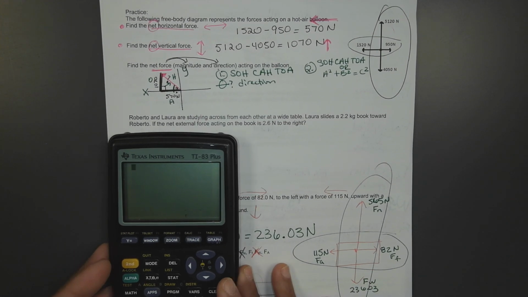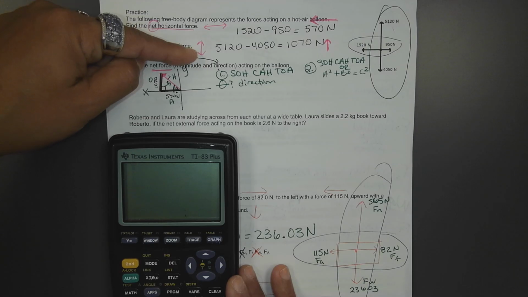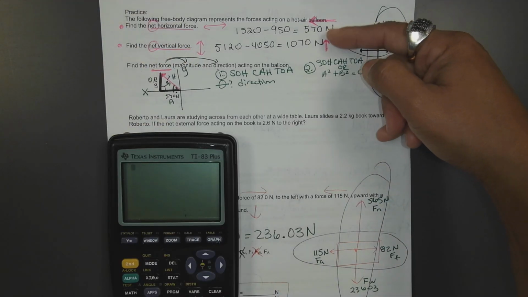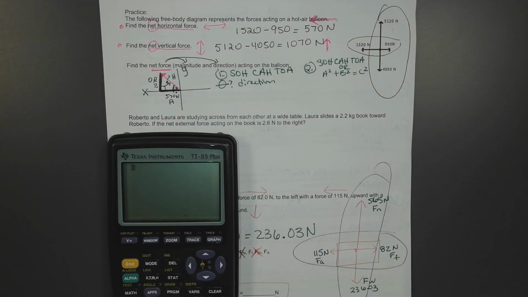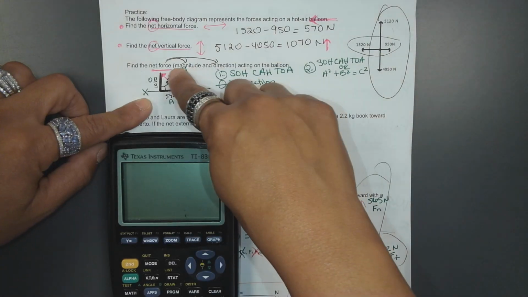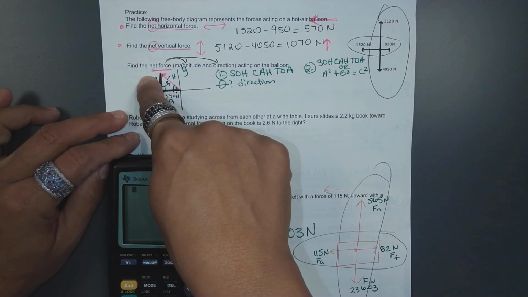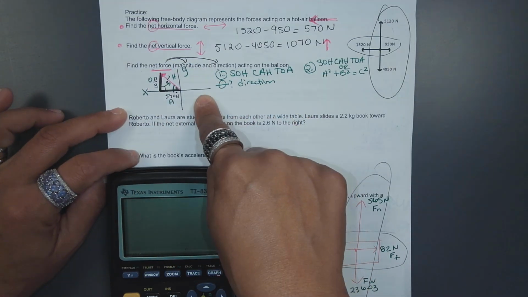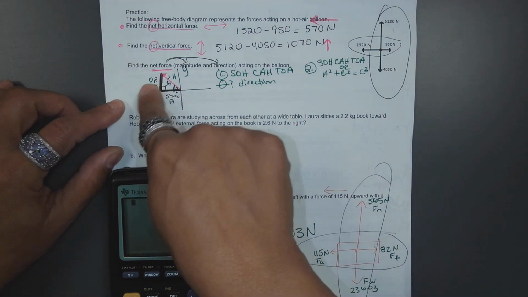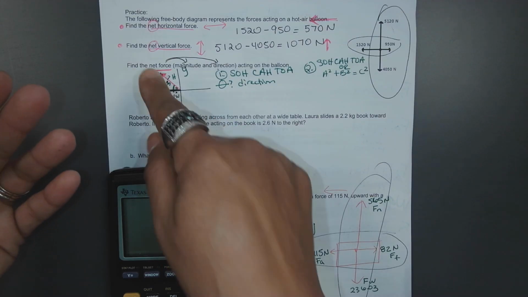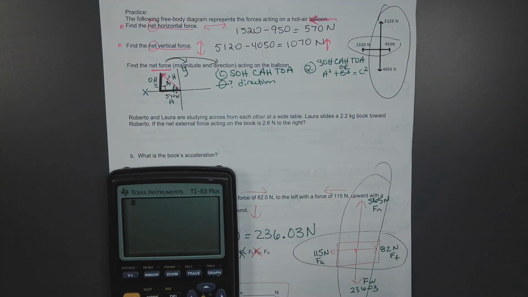First thing is, we need to find the horizontal and the vertical components, which we did over here. And I drew arrows next to them to give me a clue of which direction overall it's going to move. Was it going to be quadrant 1, quadrant 2, quadrant 3, or quadrant 4? Well, it's going to be over here in quadrant 1, or some people call it northwest.